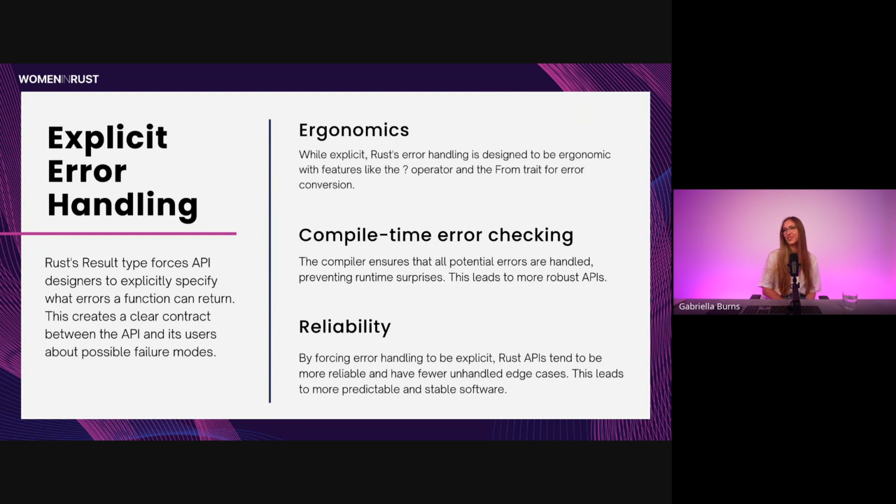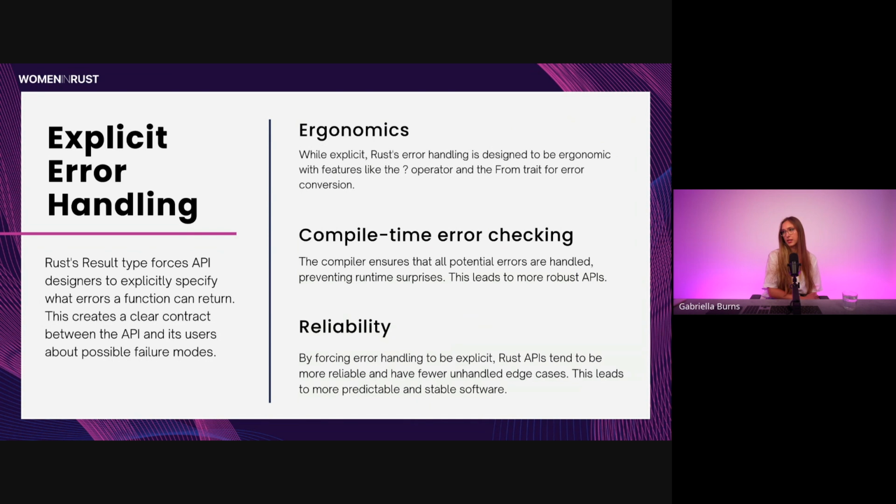So let's move on to explicit error handling. Rust's result type forces API designers to explicitly specify what errors a function can return. This creates a clear contract between the API and its users about possible failure modes. The ergonomics of Rust are really important.